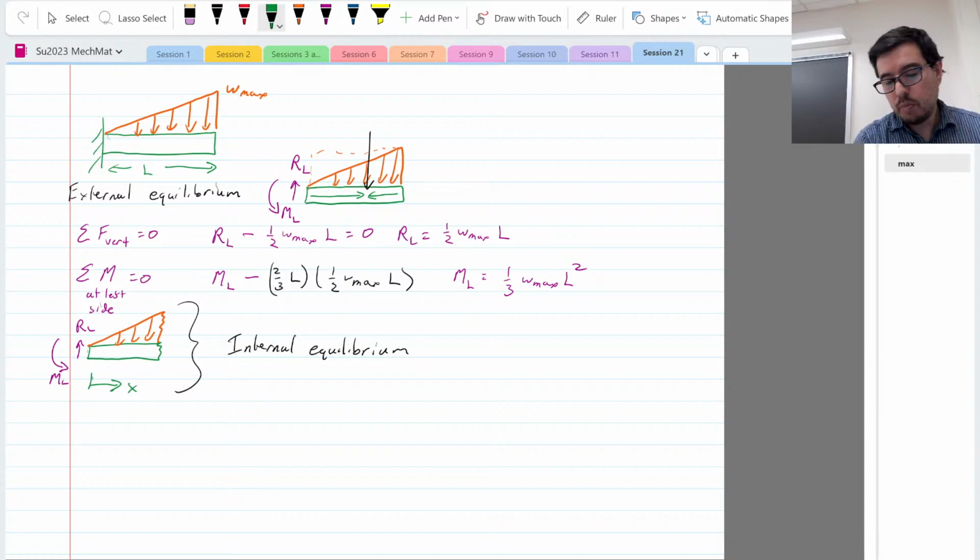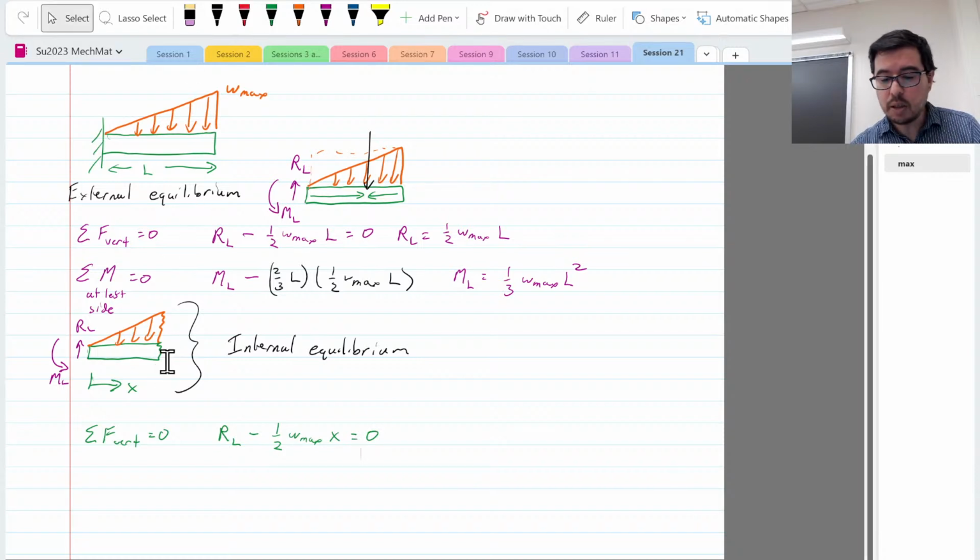Here we can say, well, sum in the vertical direction. So we have our RL, which is positive. We have our minus, what the length is, right? So this is going to be 1/2 the length times the distributed force. So that's just 1/2 the max, X in this case, because X goes to this edge.